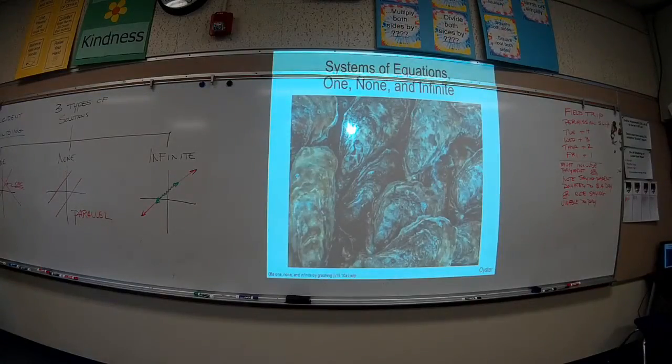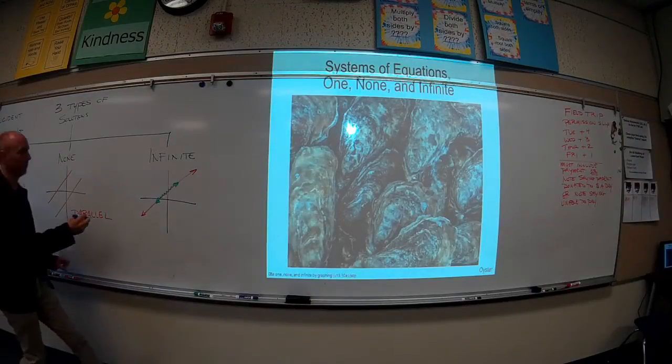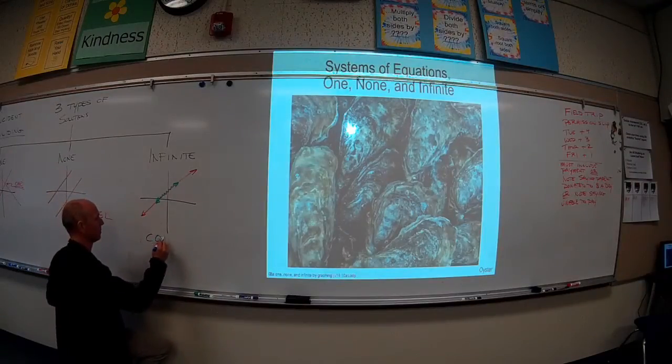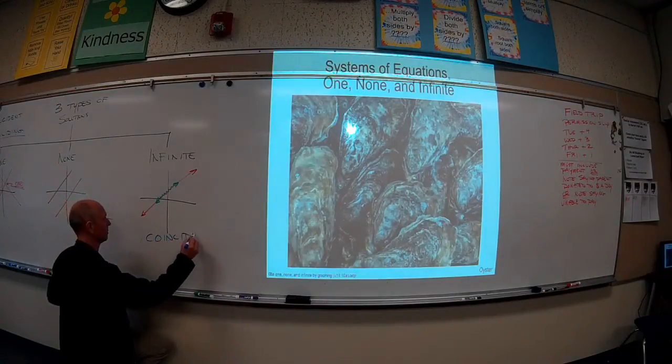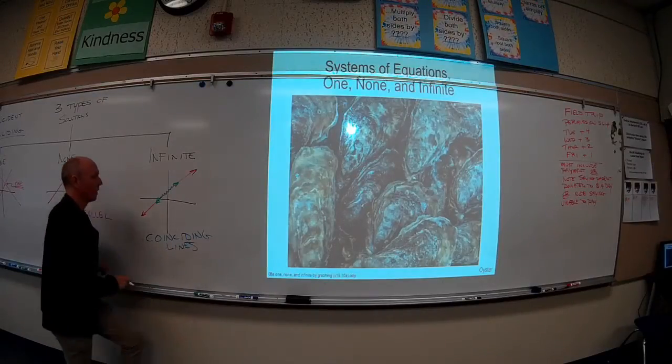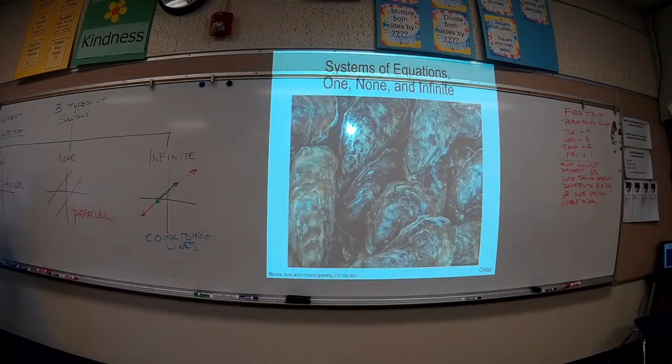The dictionary definition is occurred at or during the same time, so that makes sense. We're going to use coinciding because that's the geometry term for it. So these are called coinciding lines. Get that into the notes.